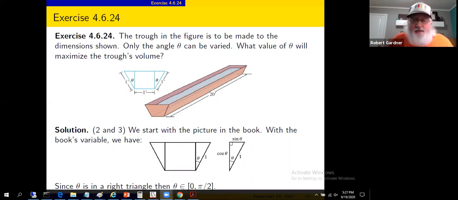Okay, so we'll take theta to be between 0 and pi halves. Then we've definitely got a right triangle. We're taking theta to be an acute angle. You might have some concerns about including the endpoints, but I want to include the endpoints. So all I'll have to do is test endpoints and critical points.